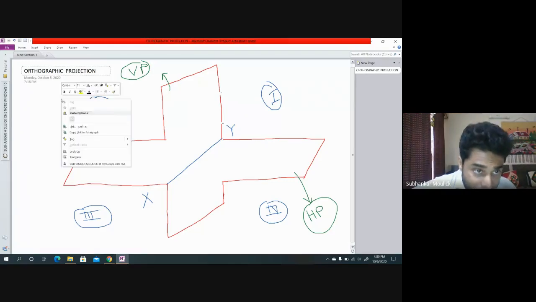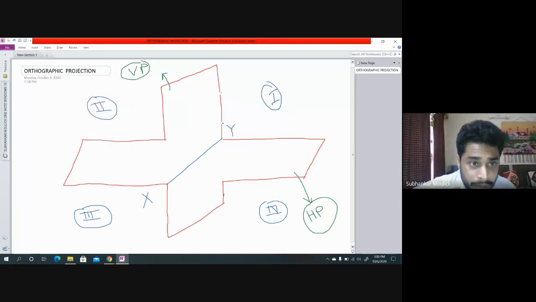And remember one thing: normally in orthographic projection we don't use the second angle projection method, neither do we use the fourth angle projection method. Why don't we use the second and fourth angle projection methods? I think either by the end of today's class or by the next class you will come to know why we don't use the second and fourth angle.